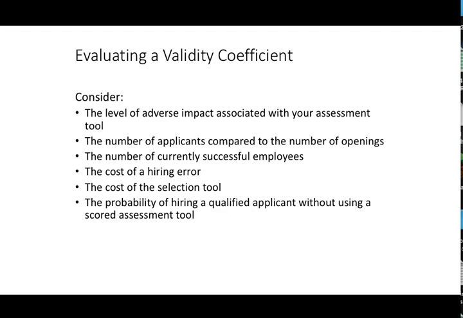Other things to consider when we're evaluating this is the number of currently successful employees. So if we have assessment tools that have a 0.25 or a 0.3 validity, say, and they're incredibly successful, then we don't need to have validity coefficients that are above that, right? So we don't need to worry about having something that's 0.35 or 0.4 because we know that 0.3 seems to be enough to assess the success on the job.